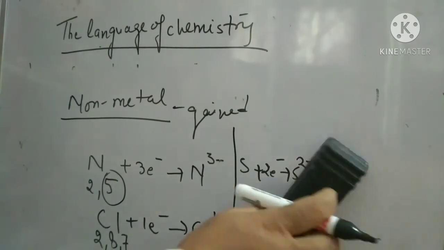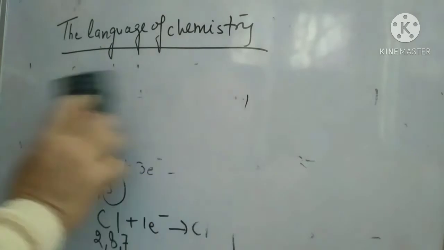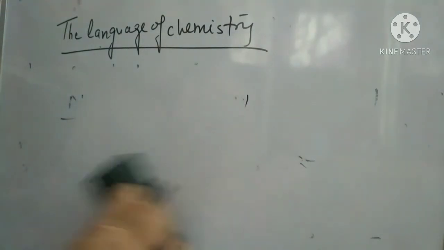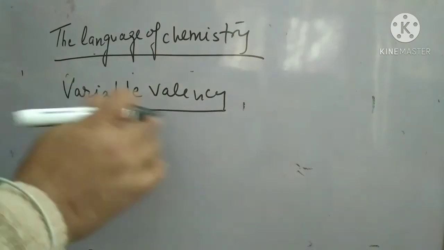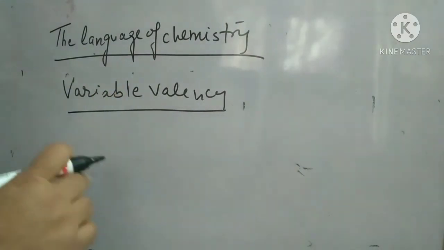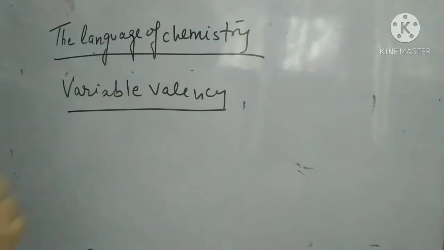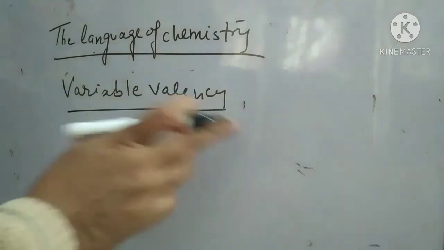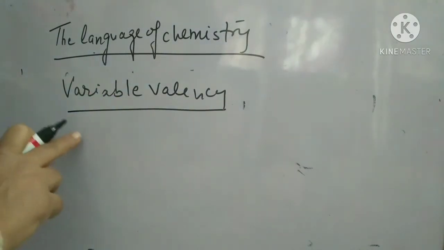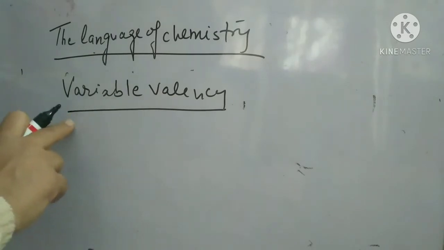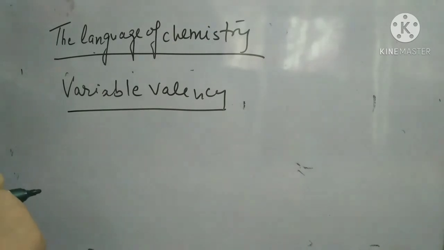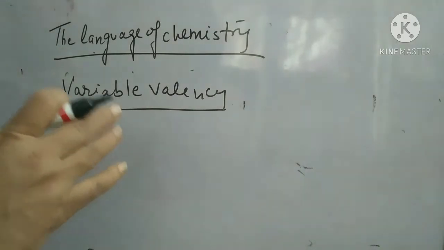Now coming to the next topic, that is variable valency. So what is variable valency? Some of the metals, they exhibit more than one valency, and so it is said that these elements are showing variable valency. Now why is variable valency exhibited?